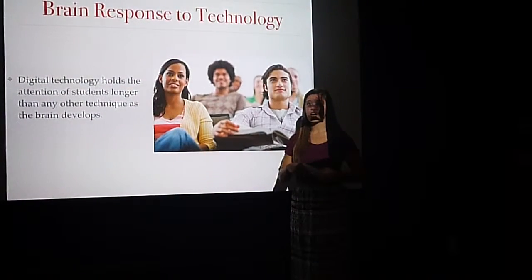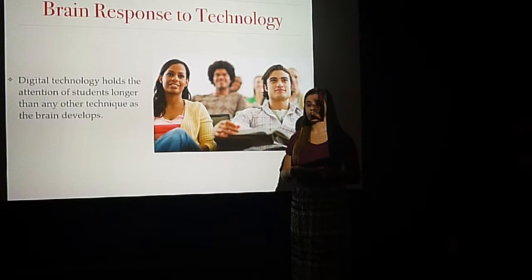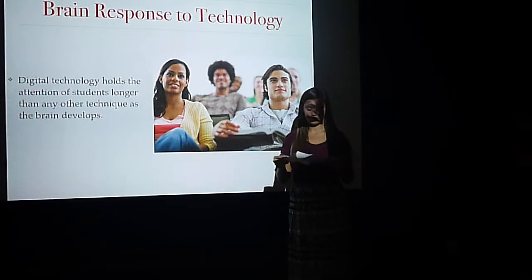All 3 sections of the frontal lobe have different functions, and in particular, the prefrontal cortex has executive control over attention spans. Dr. Hess of San Diego, 2015. This portion of the brain begins to respond better to digital technology as the prefrontal cortex begins to develop.